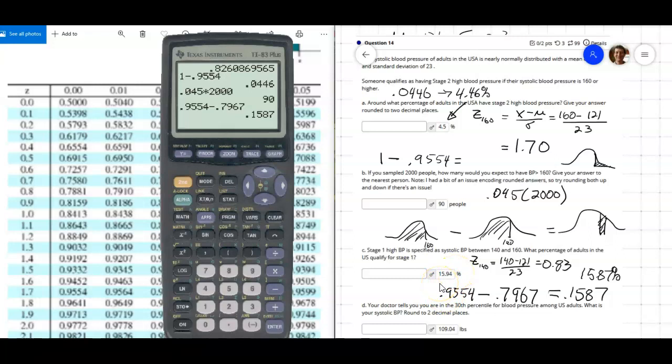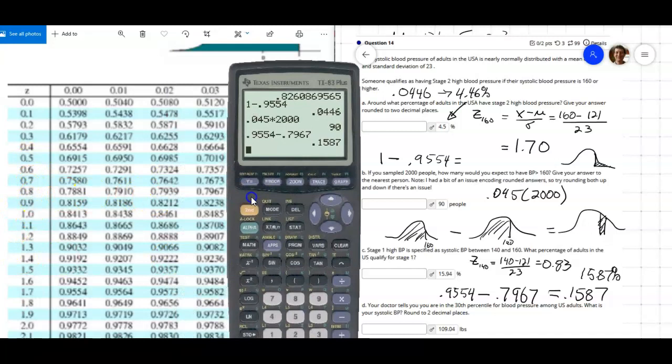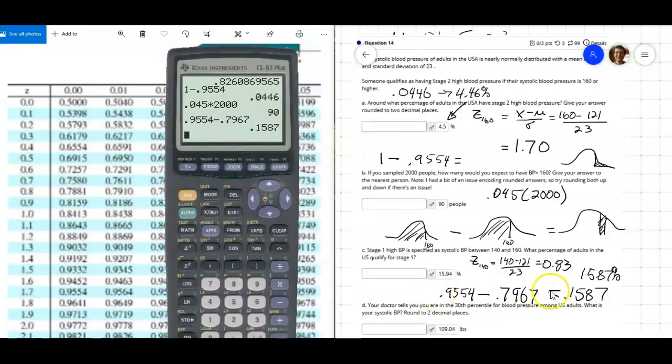Now notice the answer key says 15.94. Unless I made a mistake, and I don't think I did, 0.83, double check. Yeah, no, we have this right. This z-score table only allows 2 digits for the z-score, so we've already rounded to get the z-scores.